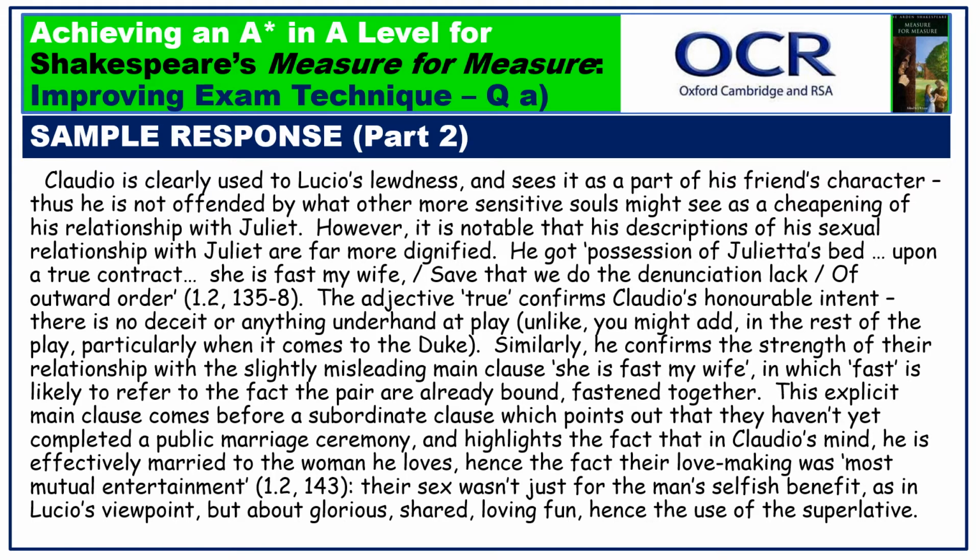This explicit main clause comes before a subordinate clause which points out that they haven't yet completed a public marriage ceremony, and highlights the fact that in Claudio's mind he is effectively married to the woman he loves, hence the fact their lovemaking was most mutual entertainment. Their sex wasn't just for the man's selfish benefit, as in Lucio's viewpoint perhaps, but about glorious shared loving fun, hence the use of the superlative.